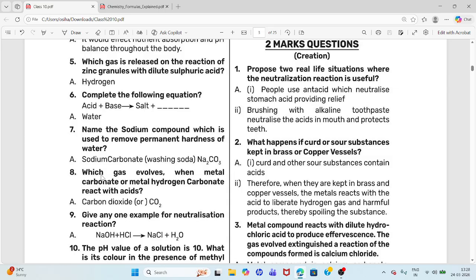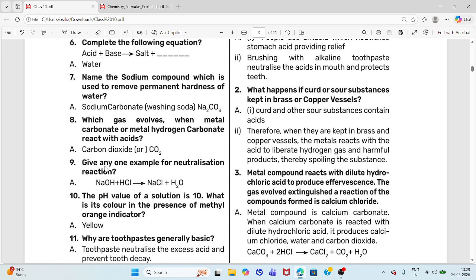Na2CO3. Eighth question: which gas evolves when metal carbonate or metal hydrogen carbonate reacts with acids? Answer: carbon dioxide, CO2. Ninth question: give any one example for a neutralization reaction. Answer: NaOH plus HCl gives rise to NaCl plus H2O.